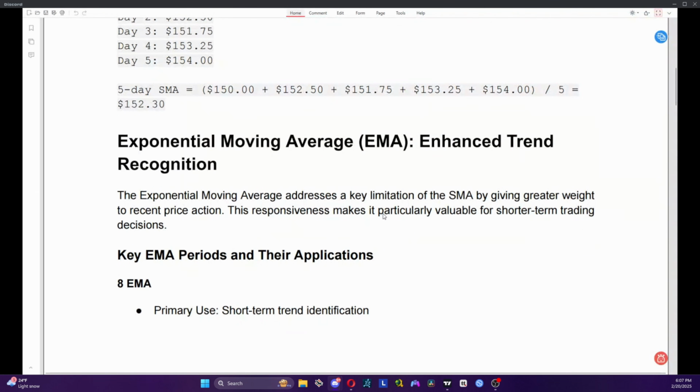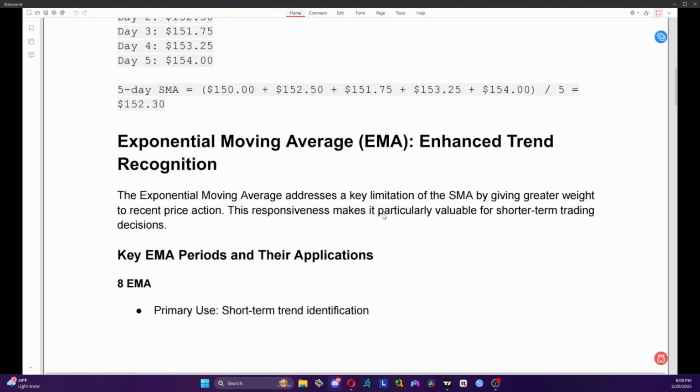In other words, exponential moving averages are putting weight on the most recent price action as opposed to SMAs that are putting equal weight on all of the days. So again, you have to think of exponential moving averages as nothing more than fast moving averages.